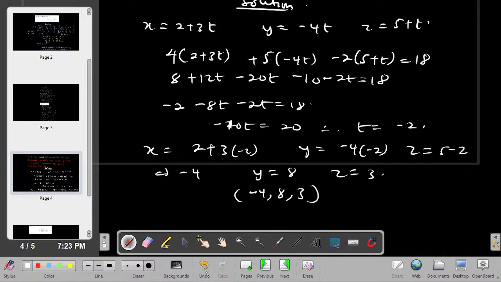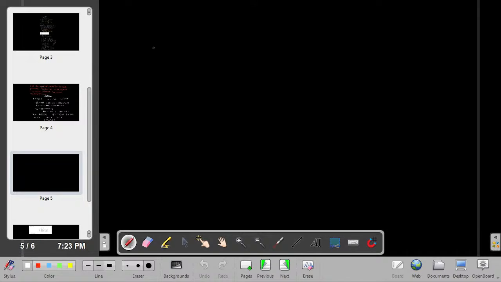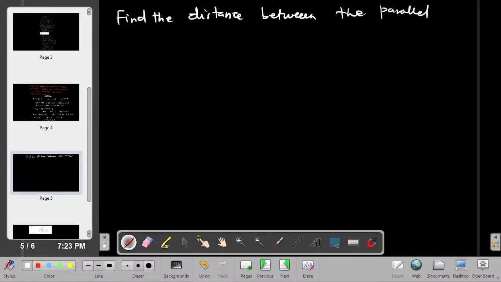Let's take another problem. So this is a problem. It says, find the distance between the parallel planes.